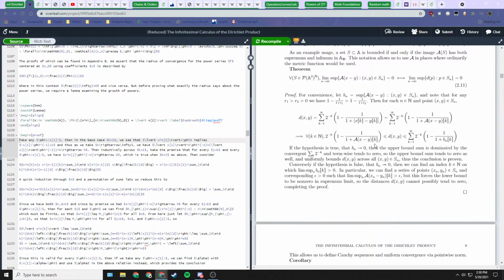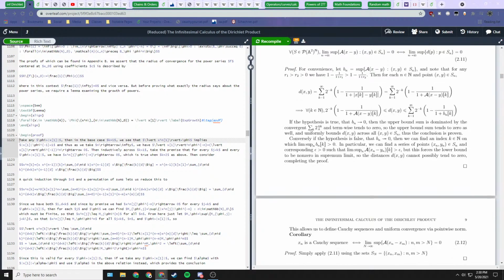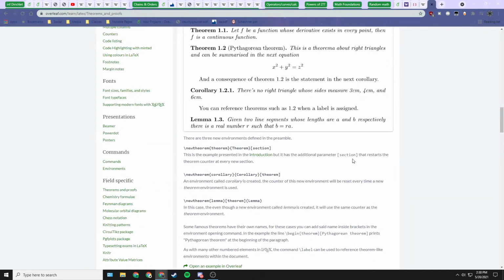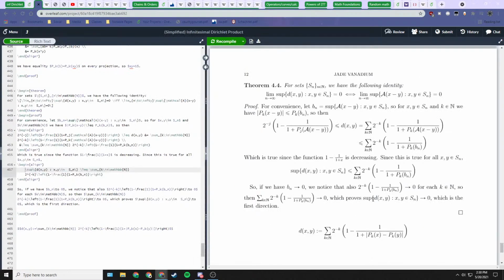Okay, so if b sub n goes to 0, the upper bound sum is dominated by the convergence. This term tends to 0. The upper bound tends to 0. Yes, so if we have this, we notice that this goes to 0 for each k, and so this goes to 0.